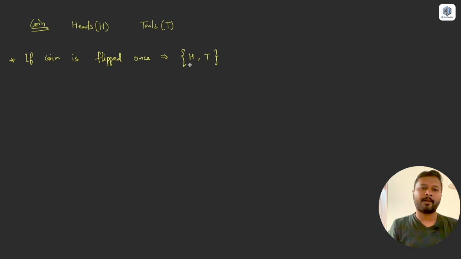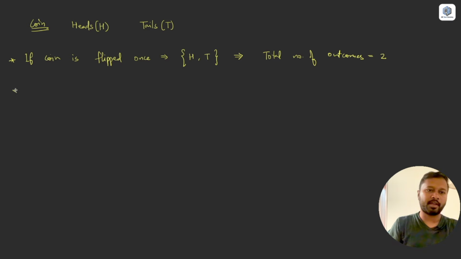So that means the total number of outcomes, not probabilities, total number of outcomes, are 2 here. So you have 2 outcomes in this case. But if the coin is flipped 2 times, in that case, what are the possibilities you can get?